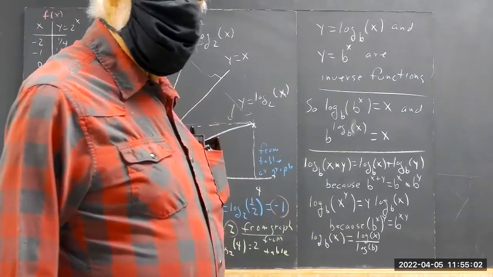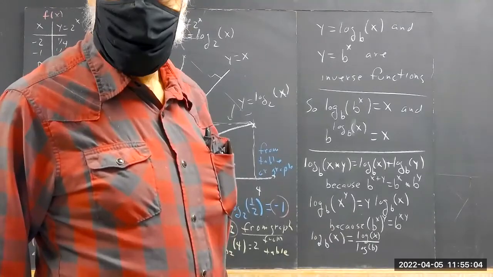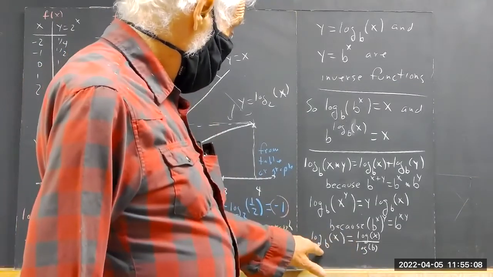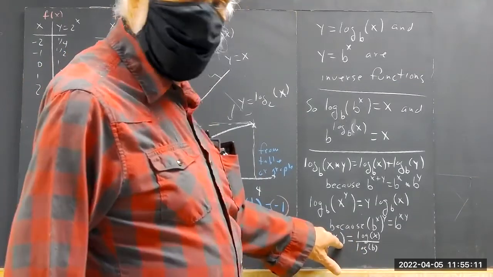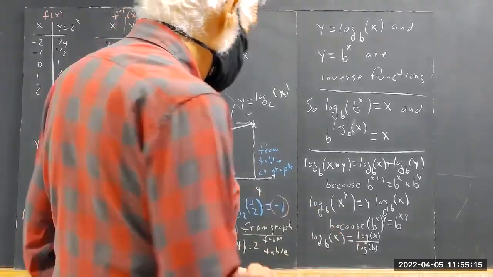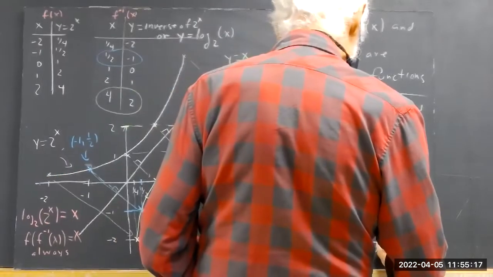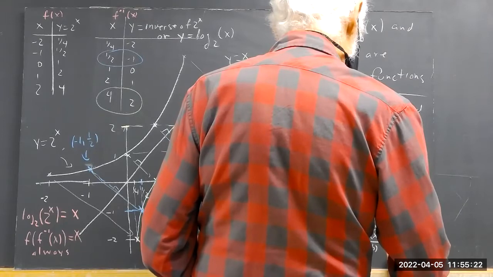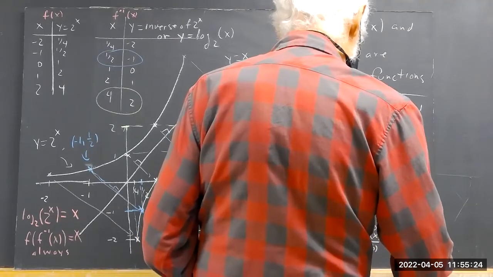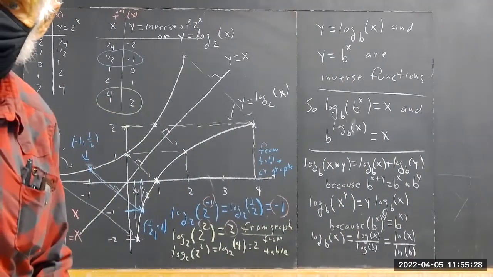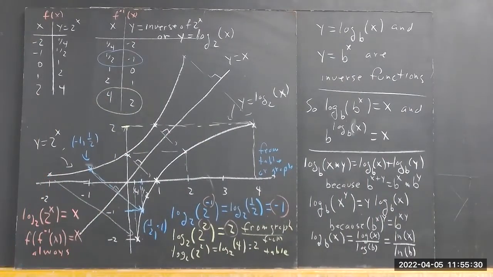This is handy because you have a log on your calculator. This is what you have to do to find the log to a given base. You divide the log of that number by the log of b, or if you want, you can divide the natural log of x by the natural log of b. These are your rules.